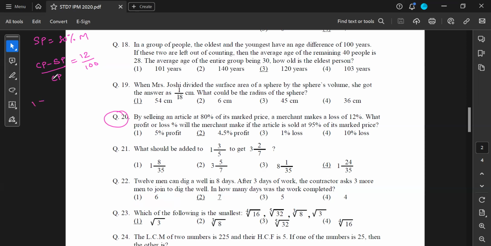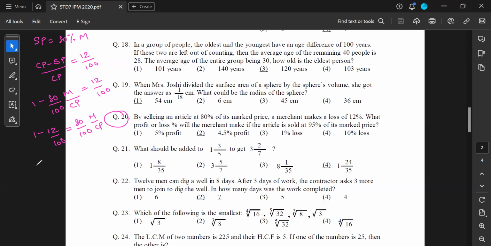CP upon CP is 1. Instead of SP, I'll write 80 divided by 100 of M upon CP, is equal to 12 by 100. I'll take this 12 by 100 over here. On the other side, I'll put 80 upon 100 M upon CP.